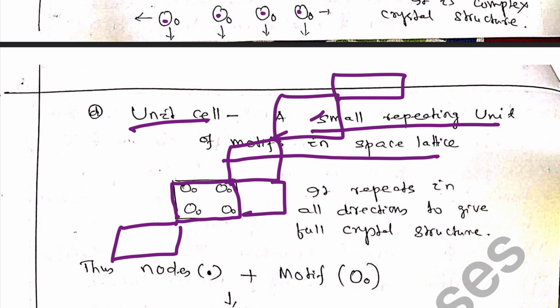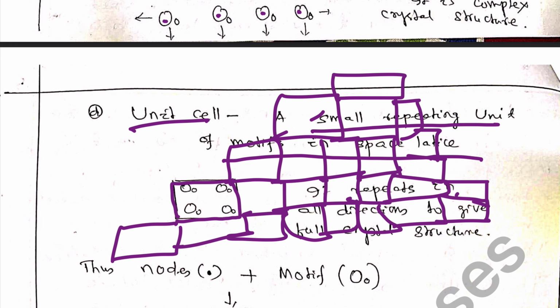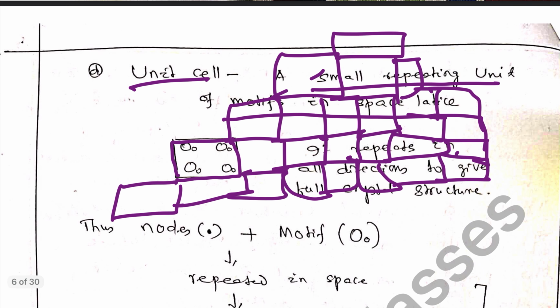It may repeat in this manner, and in this manner, in a systematic pattern. So in 3 dimensions this repetition takes place so that the crystal structure develops. If they are arranged in this manner, we can see the formation of pyramids. A pyramid-like structure can develop.